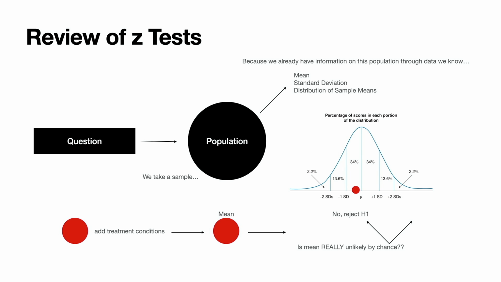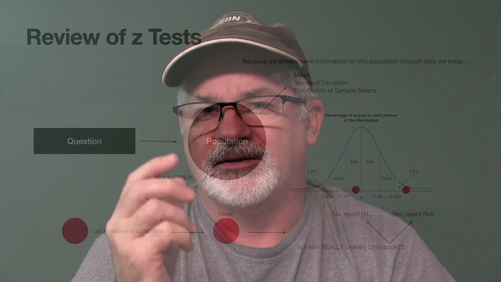or it's way on the outside. Here, if the sample mean is somewhere in the middle, then we fail to reject the null hypothesis. If it's somewhere over to the end, and it's pretty unlikely that you would get this by chance, we would assume that it's because of the intervention that it moved the score all the way over there, and we would reject the null hypothesis.